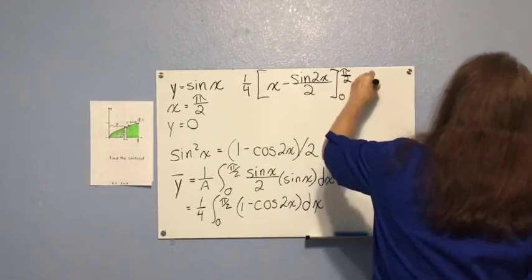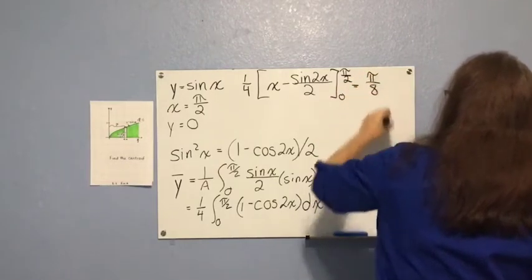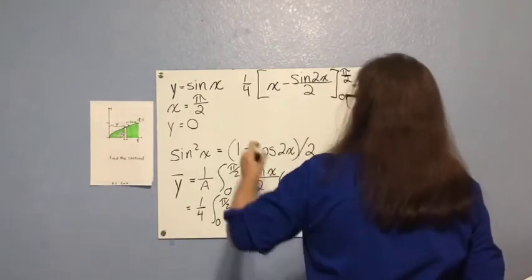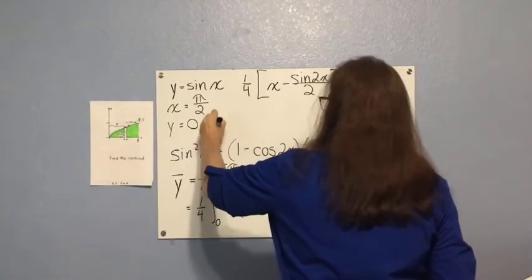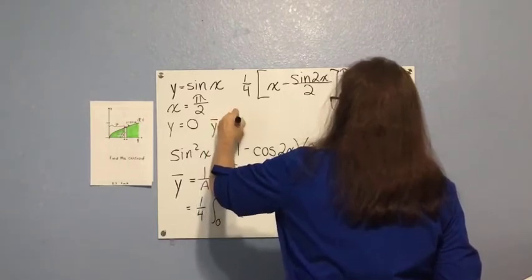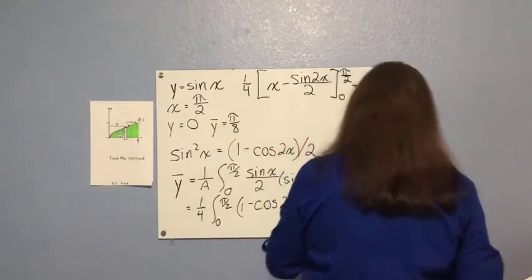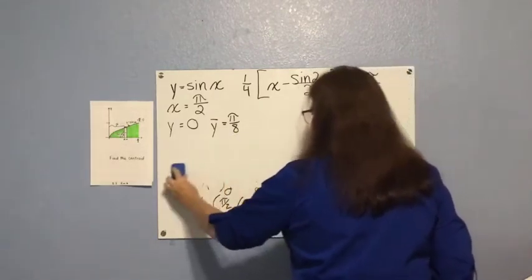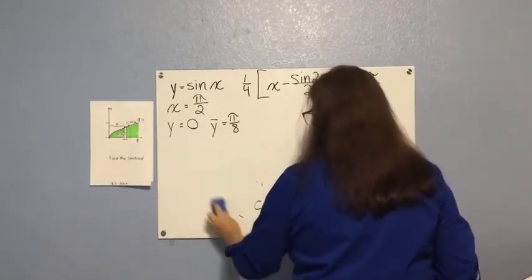And this gives us a value of pi over 8. I'm going to write that down here. Y bar is equal to pi over 8. And next we'll look for x bar.